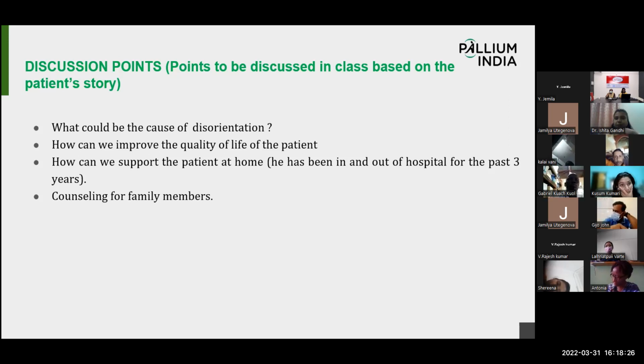Teach the family members related to home care. If the patient is bedridden, we have to support wound care. Yes. The patient is bedridden, so all the pressure sore management, pressure sore prevention should be taught to the patient and the family.